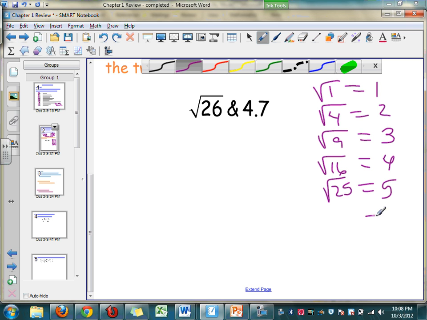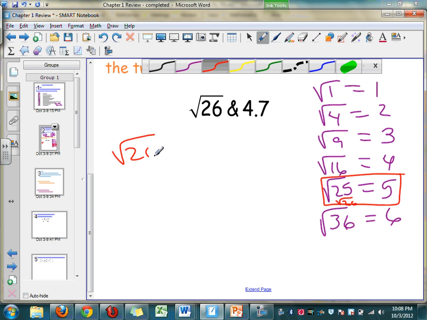Then 6 is going to be the square root of 36. So that tells me that 26 is going to be in between 25 and 36, which means which one is it closer to? It's closer to 5, so therefore the square root of 26 is approximately equal to 5.